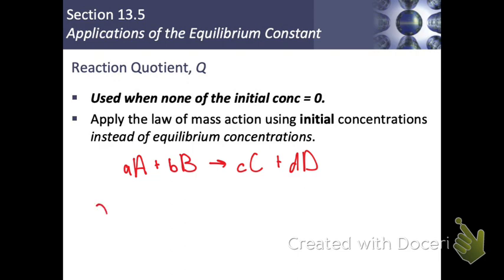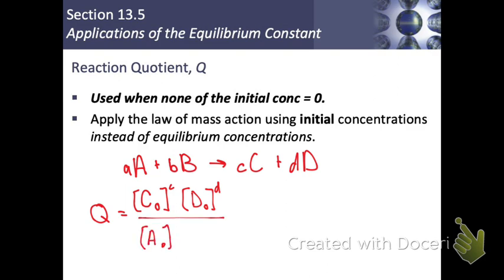If I was going to solve for Q, I would do the concentration of C initial, and they put a little 0 here to indicate initial, to the c power, times the concentration of D initial to the d power, over the concentration of A initial to the a power, B initial to the b power.